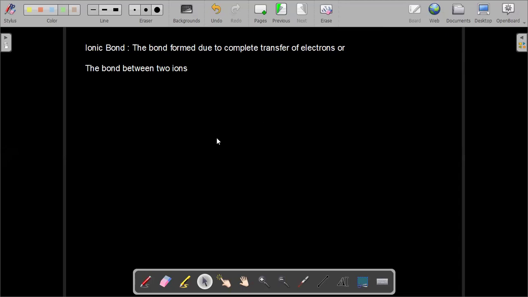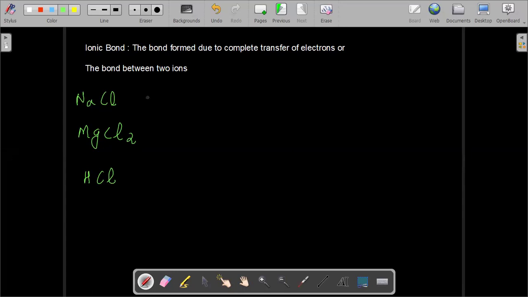For example, suppose I explain how sodium chloride is formed, how magnesium chloride is formed, or how HCl is formed. So I need to show the formation of these compounds.